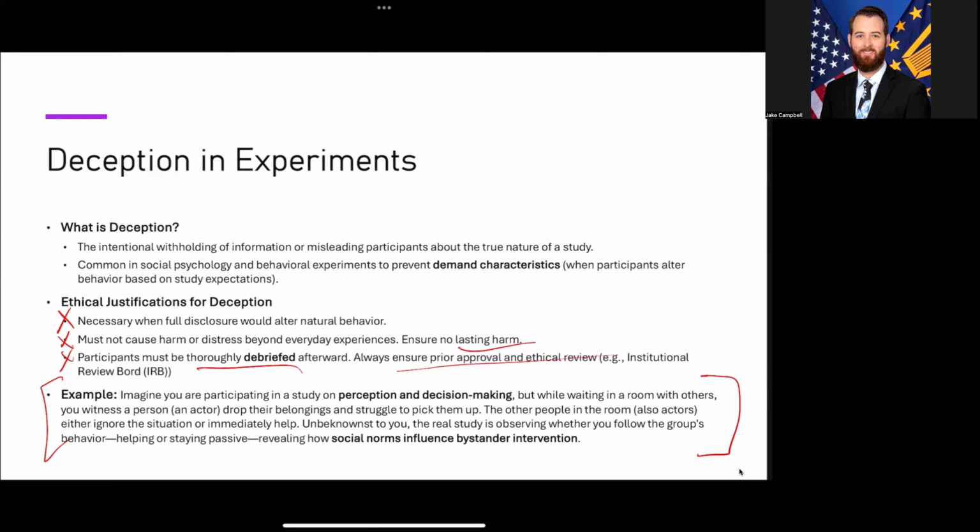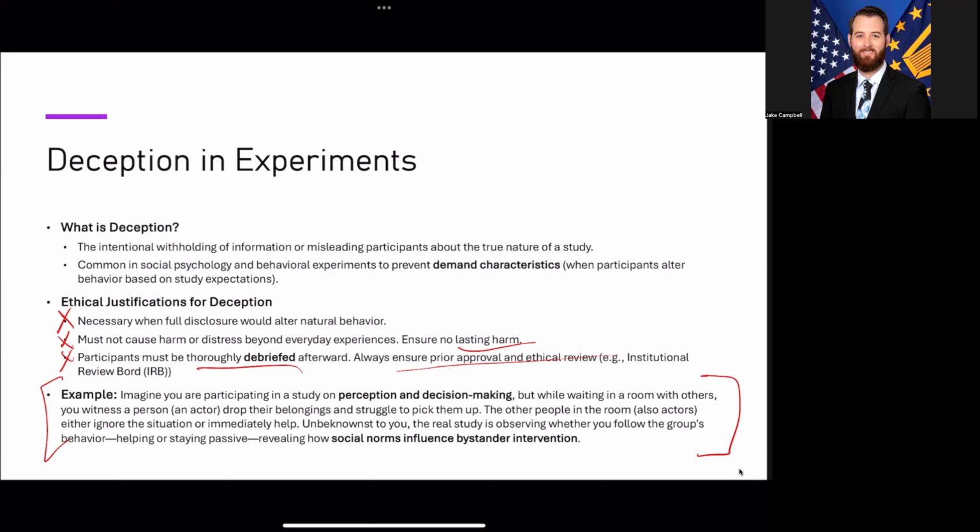But we need to make sure that the other people in that room that are actors that we've staged choose not to either help that person or ignore it, right? Because we want that to be the conditions, because we want the person in the experiment to decide on their own independently whether or not they would be likely to help that person if no one else does, right? So that person does not know that we are observing them and the rest of it is staged.